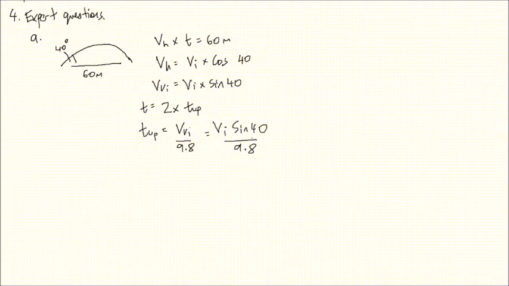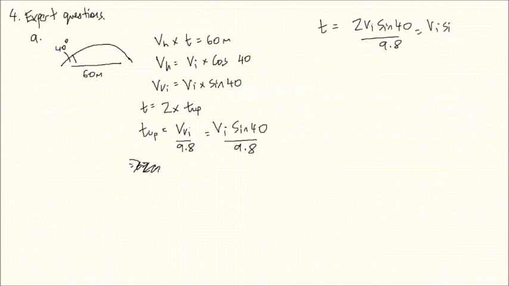The second and third equations are for VH and VI, the horizontal velocity and the initial vertical velocity, in terms of the overall speed and the angle, using CAH and SOH. We also know that the total time equals the time up doubled, and we can work out that the time up is the initial vertical velocity divided by the acceleration, so VVI over 9.8, and we can substitute into that our equation for the initial vertical velocity.